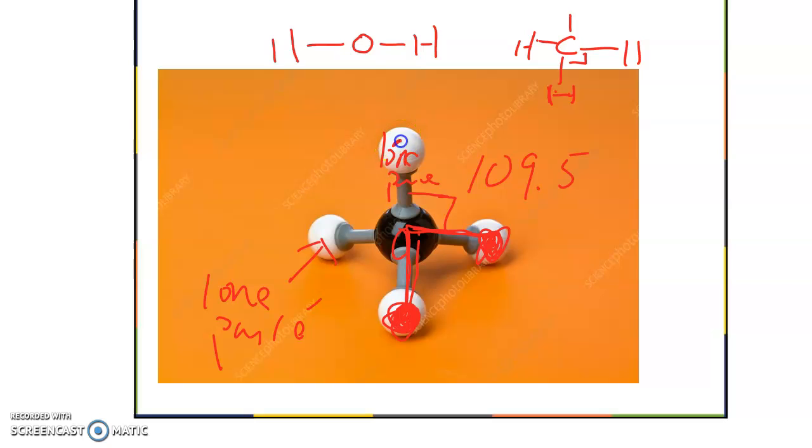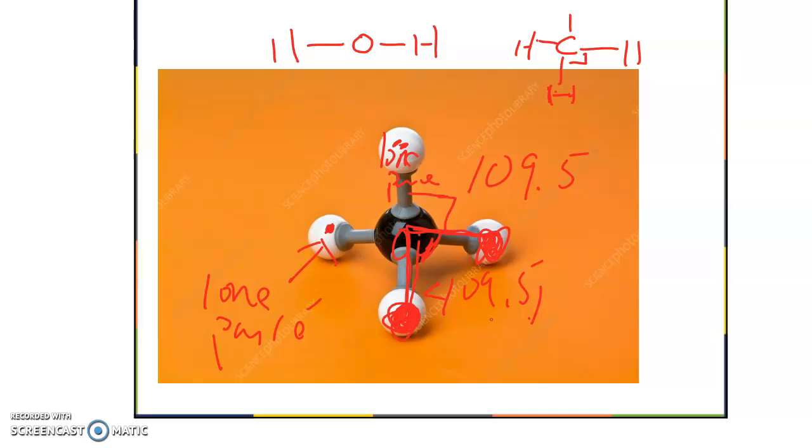And because these electron groups are lone pair electrons, they have more power to push the bonds away. That's why this angle, if they shared the force equally, would be 109.5. But since the lone pair electrons have a stronger electron force, they push it a little bit, and therefore this angle is slightly less than 109.5.